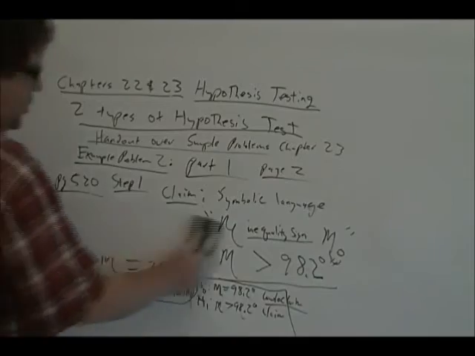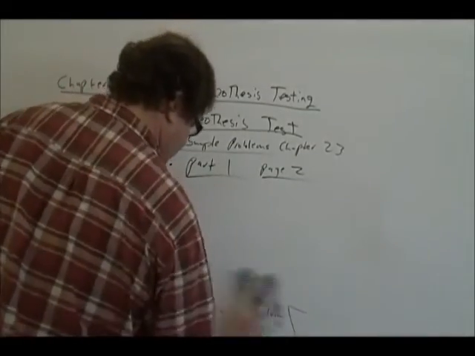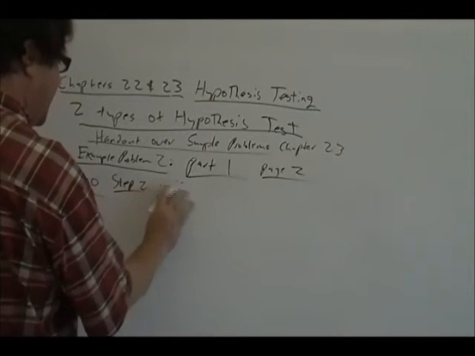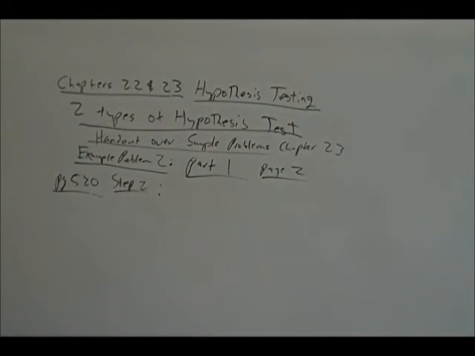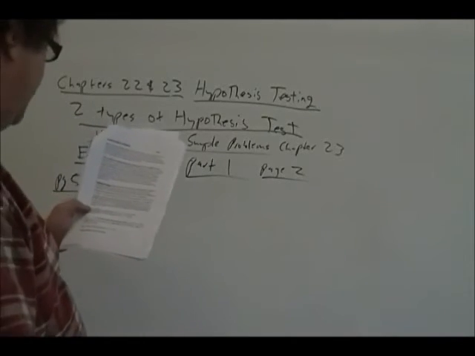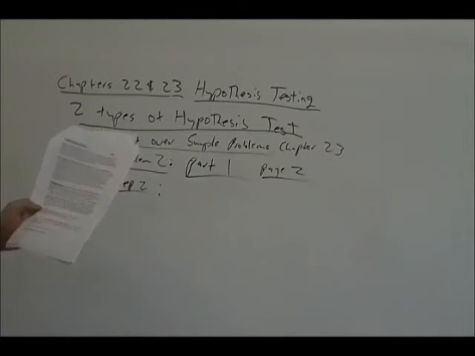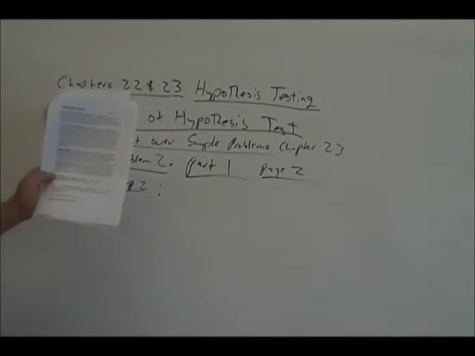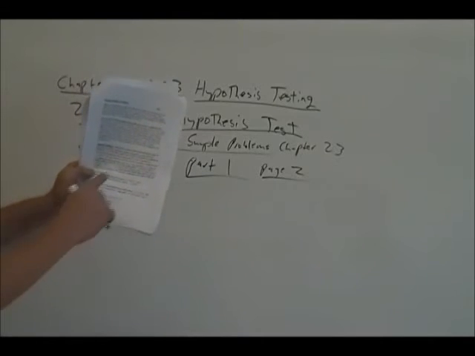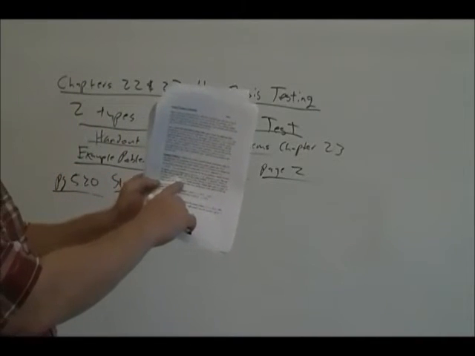Now we go on to step 2. Step 2 is just like the step 2 in the last one. They give you a significance level. If you read far enough down, it says, now test your claim with these statistics that are given in that problem, and the significance level given for this problem, near the bottom, says alpha is 0.05. Remember, the significance level is always given.